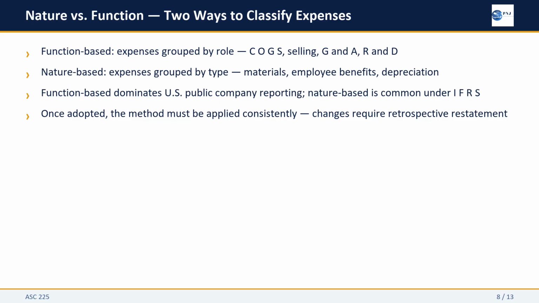U.S. GAAP gives entities a choice between two classification frameworks. Function-based classification groups expenses by what they do: COGS, selling, G&A, R&D. This is the dominant approach among U.S. public companies because it supports ratio analysis and operating subtotals.